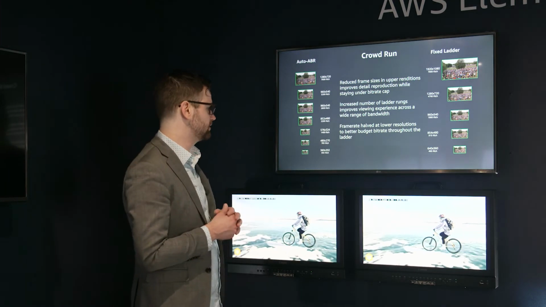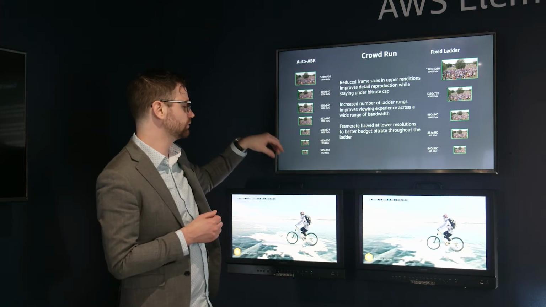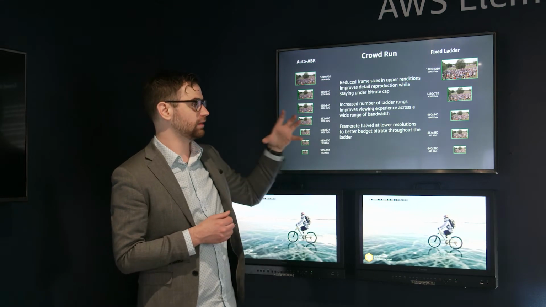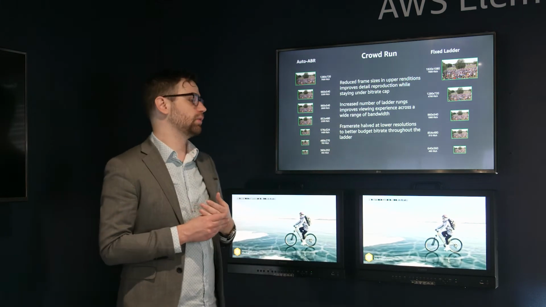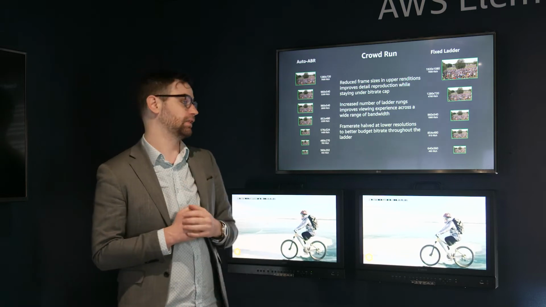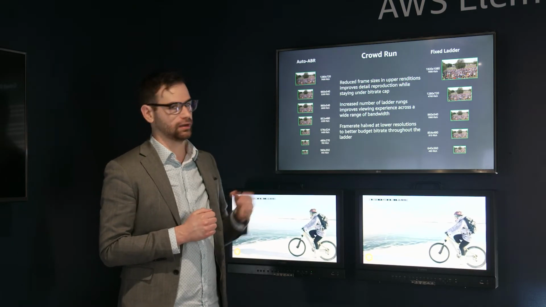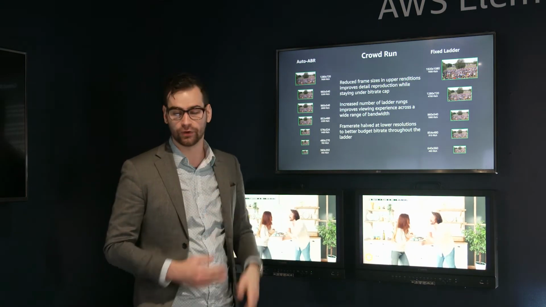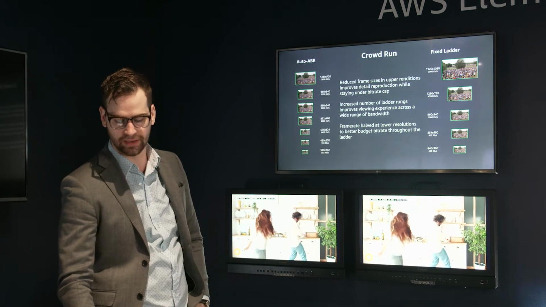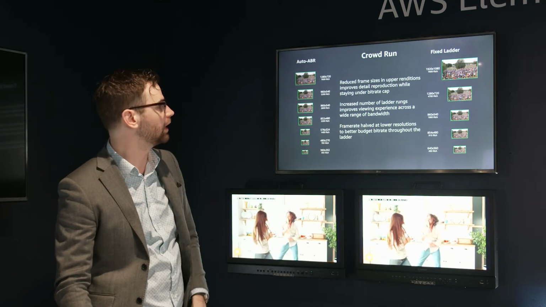With this clip, you would see faces and text and logos preserved that are completely distorted when you try to take this particularly complex clip and encode it at a larger resolution. So again, Auto ABR adapting to the complexity of the content, all with a single flip of a switch.